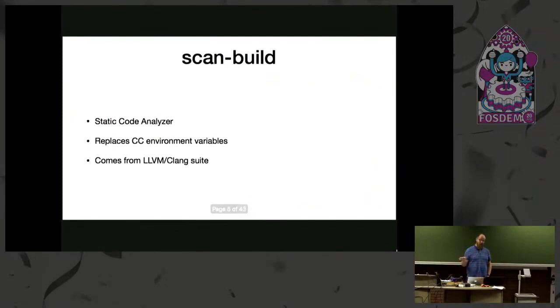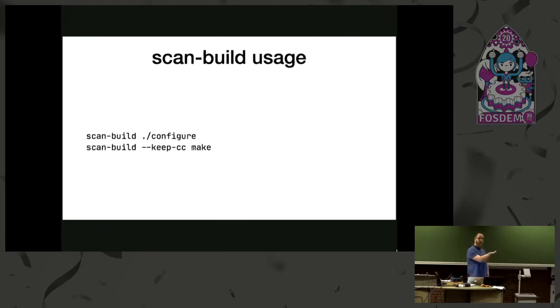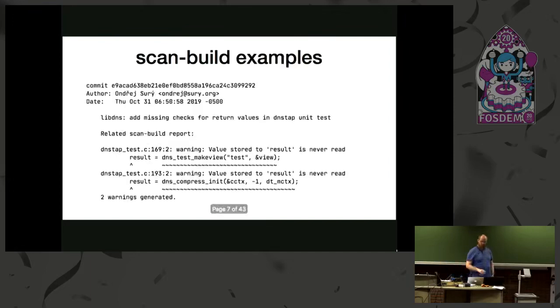So what's scan-build? It's a static code analyzer. It works by replacing the CC and CXX environment variables, and it comes from the LLVM and Clang suite. So the usage is quite simple. This is for the autoconf based projects. You need to use it for configure, and then when you are running make, you keep the CC variable set from the configure step, and the output is this.